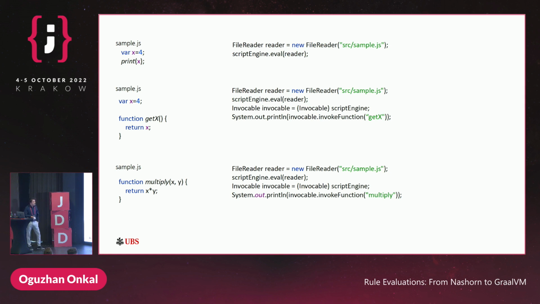To do that, if you recall the class diagram, the script engine was also implementing the Invocable interface. That interface has a method called invokeFunction. Since the engine is implementing it, we just convert that engine to Invocable, and Invocable's invokeFunction with the name of the function that we provide will give us the result.